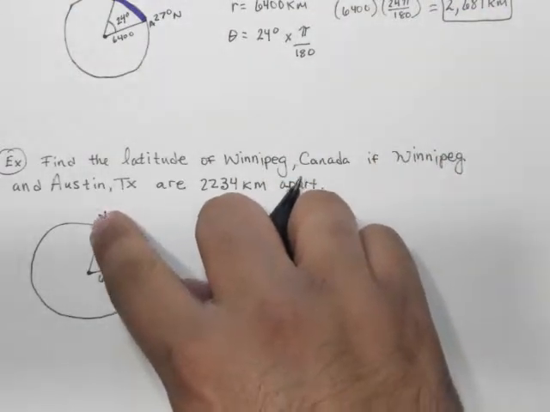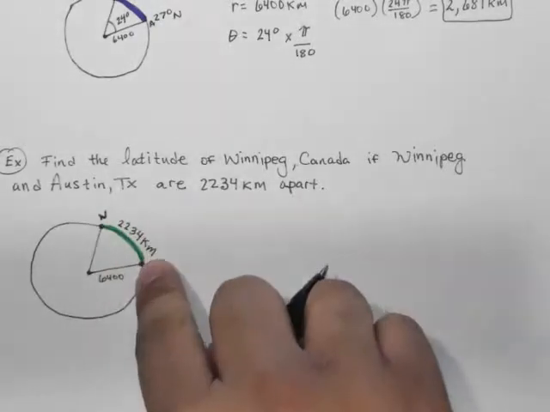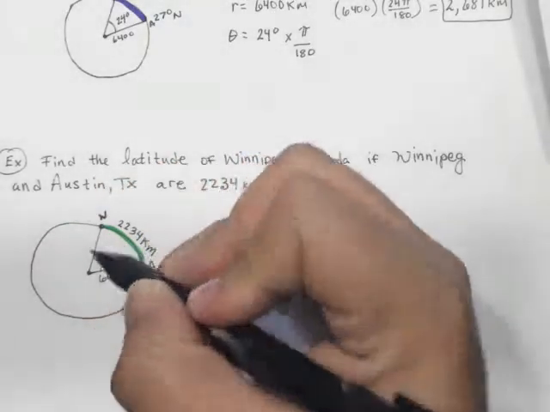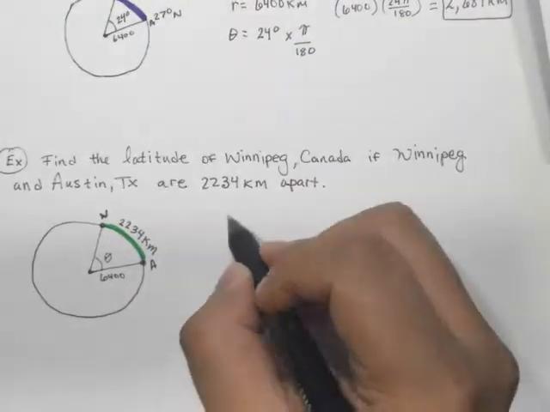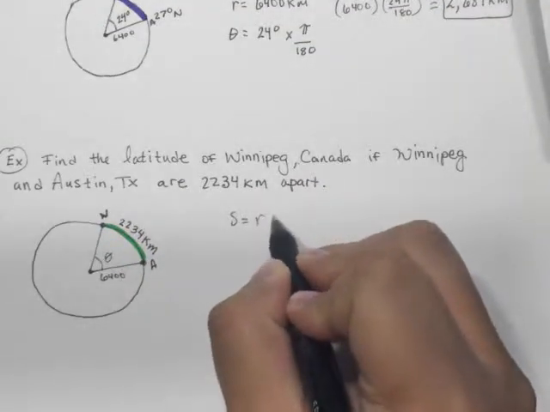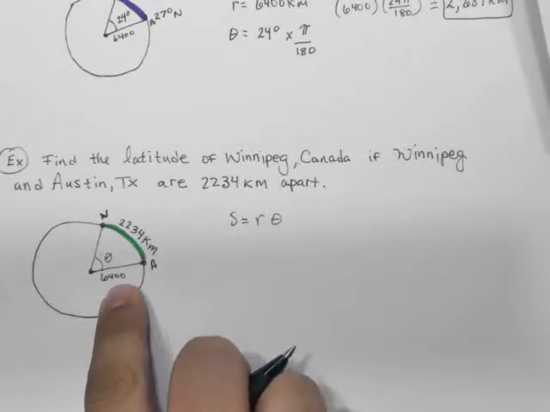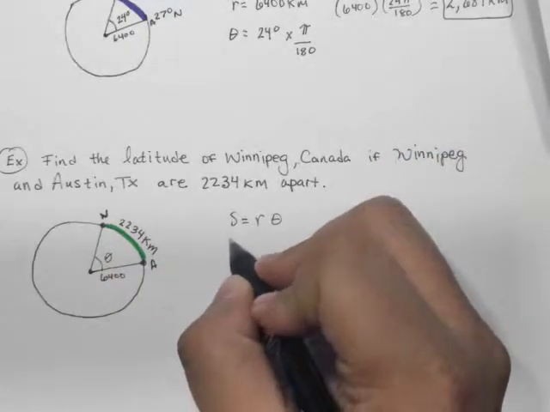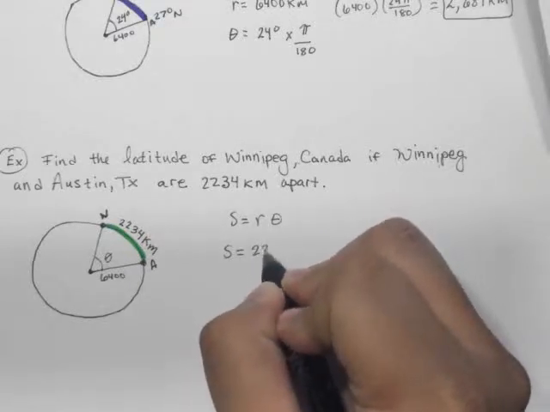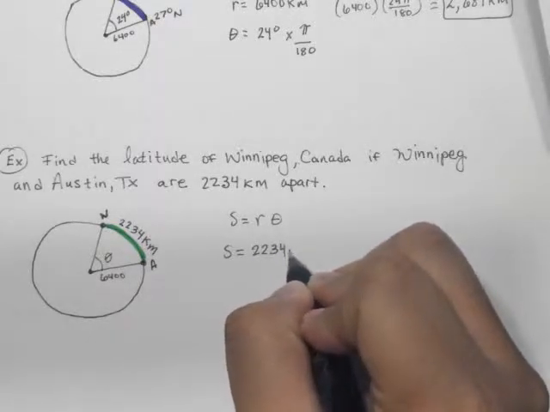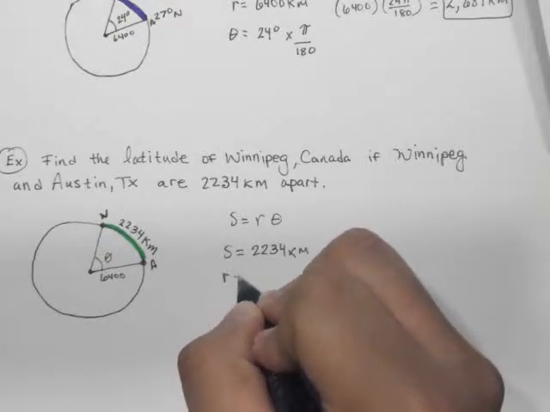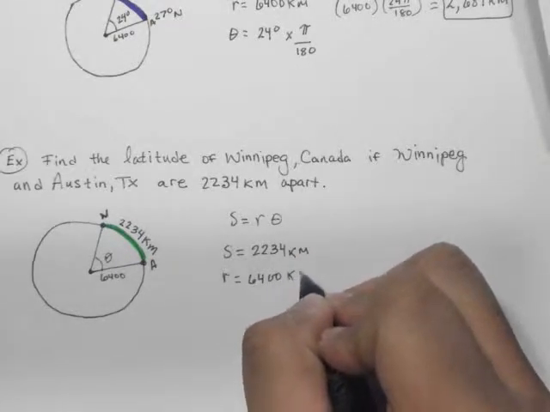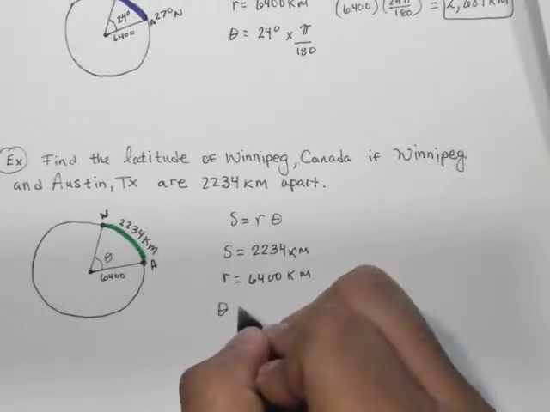And right here, we're saying then the arc length is given. We want to find the angle theta. So we know S equals R theta, and the radius again is held constant, 6,400 kilometers. And we know S is 2,234 kilometers. R is the radius of the Earth at 6,400 kilometers. And so we need to find theta.